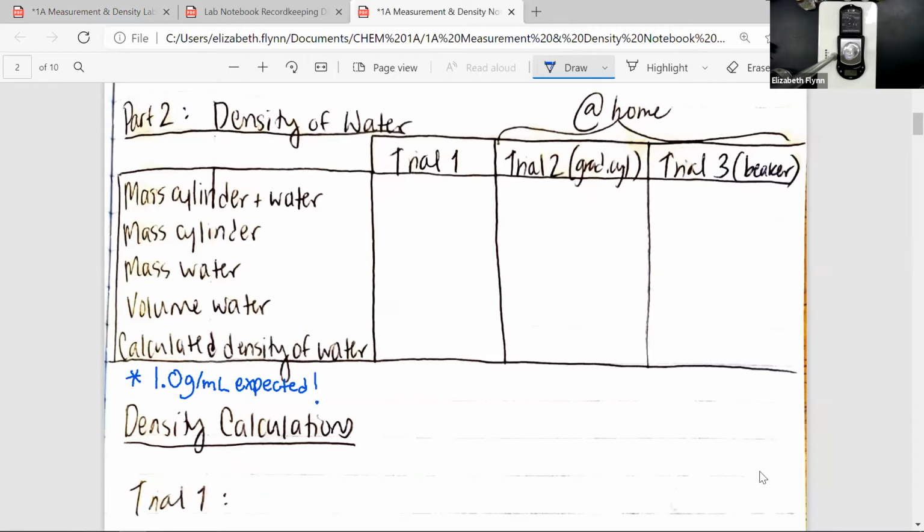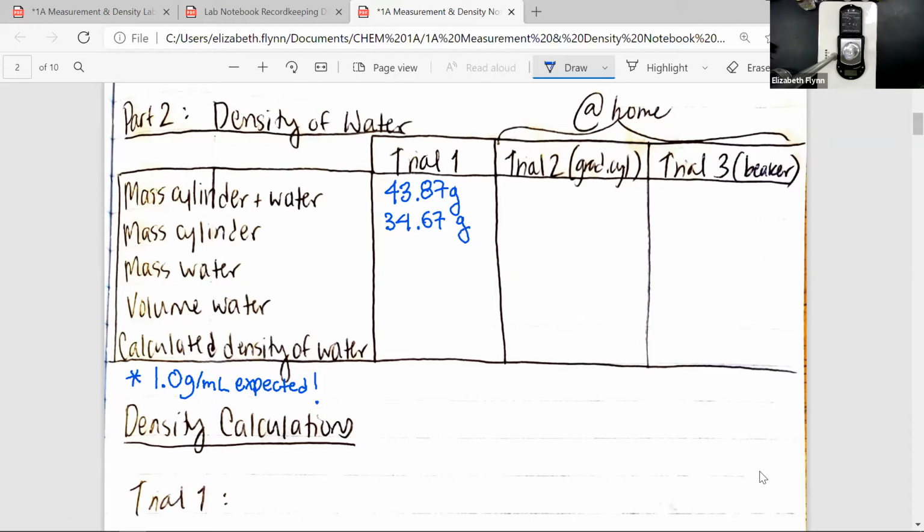All right, so the mass of the cylinder plus the water, that's the first measurement written down here, but it's the last one that we take. It's the first one written down because when we write this down, 43.87 grams, all we have to do is subtract the mass of the cylinder to get the mass of the water.